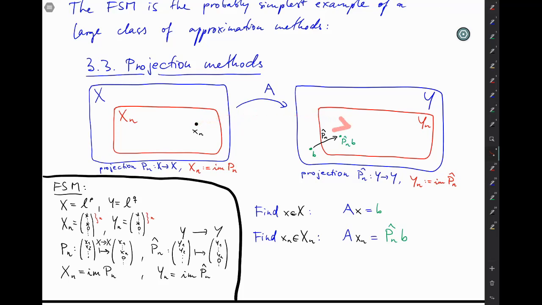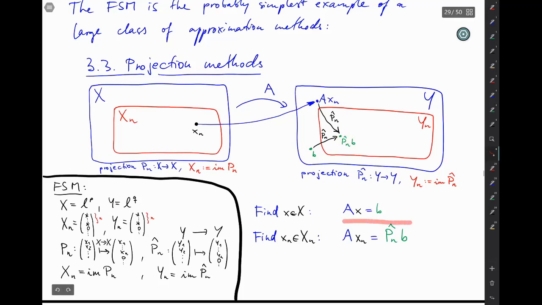All you know is that, well, they end up somewhere in Y, because you start somewhere in X. And the best thing you can hope for is that only after projecting it down to Yn, you end up at the same point as Pn hat b was ending up when being projected down.